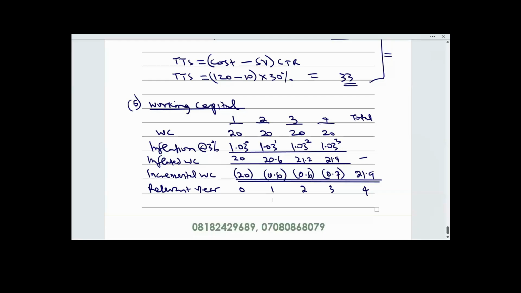I said 20 minus 20.6, you get a difference of 0.6. 20.6 minus 21.2, you get 0.6. 21.2 minus 21.9, you get 0.7 difference. Okay, thank you.